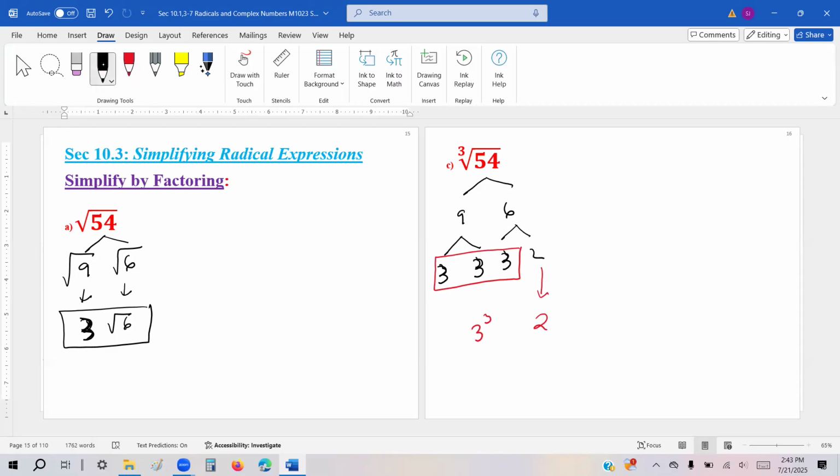So we are going to split our radical. Cube root of this and cube root of that. What happens to the cube root and cube power? Cancel out. So we get a free 3, and this is the leftover, so I bring it down.